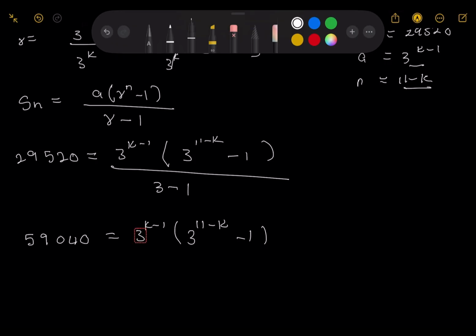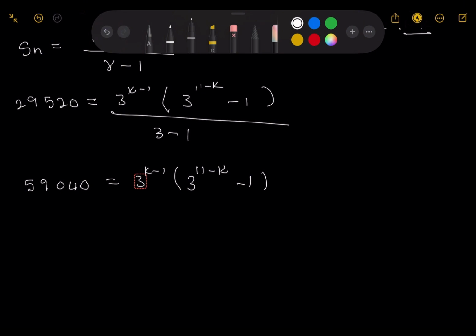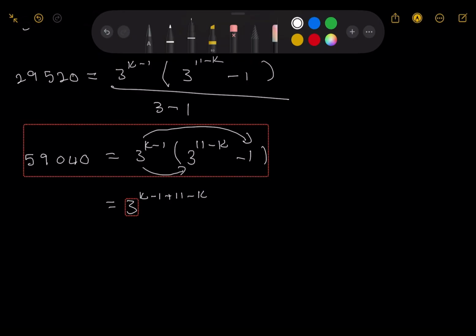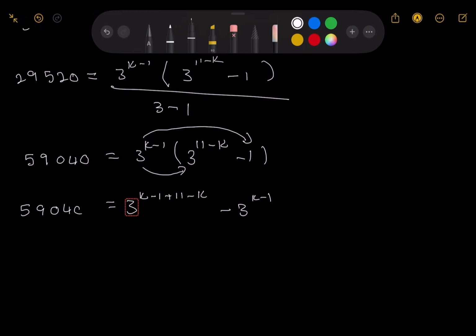Now simplifying, I'm going to take this and multiply it out. We know this method, I believe it's called the FOIL method. Remember, when bases are the same, we add the exponents. Therefore it's going to be 3^(k-1+11-k), and the minus 3^(k-1) just remains, which is equal to 59040.